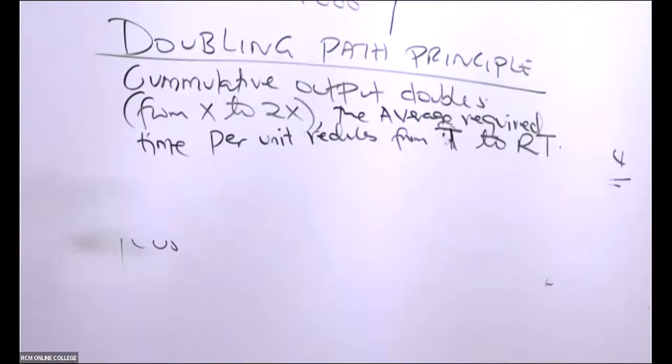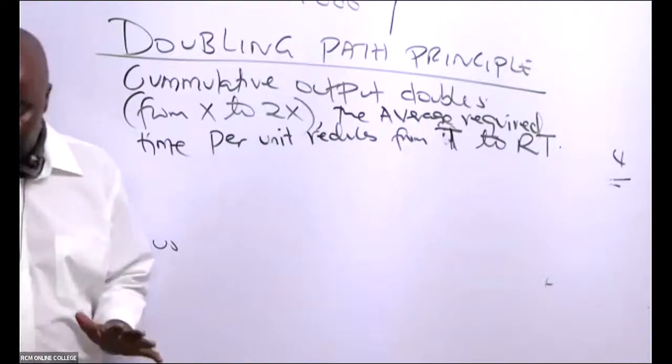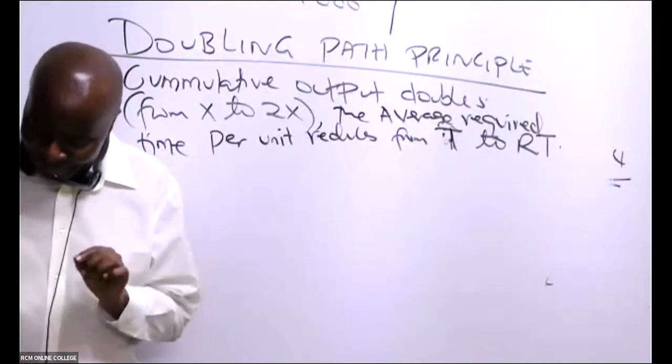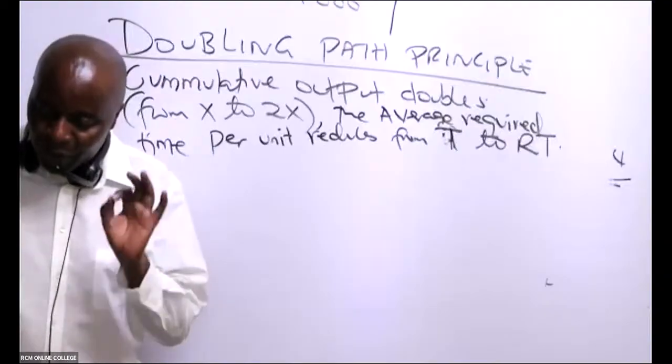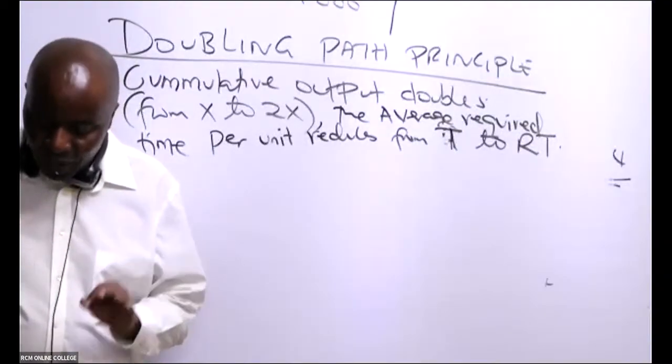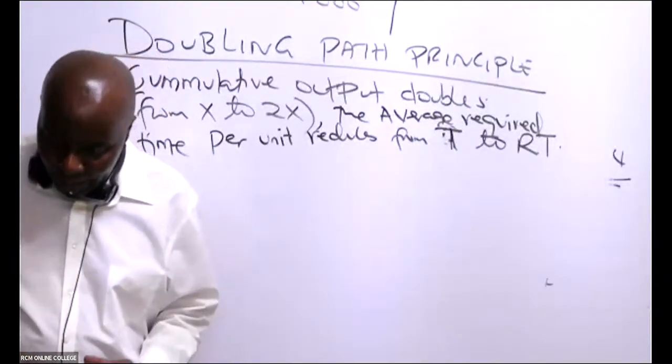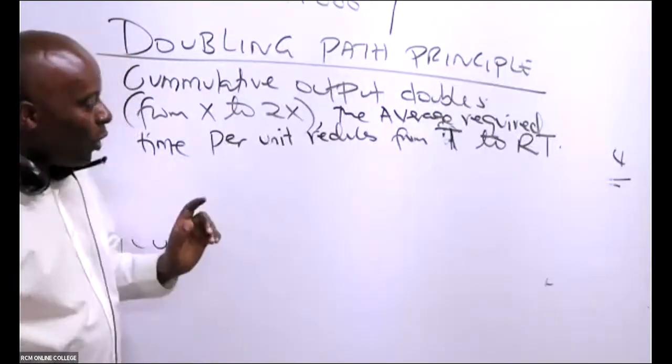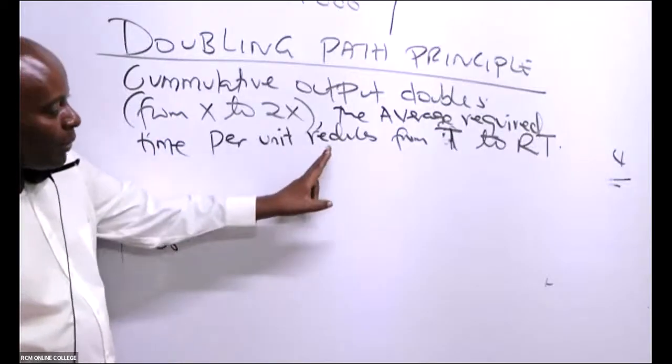So I repeat, the doubling path principle states that each time cumulative output doubles from X to 2X, the average time required per unit falls, or reduces, from what to what here, somebody?